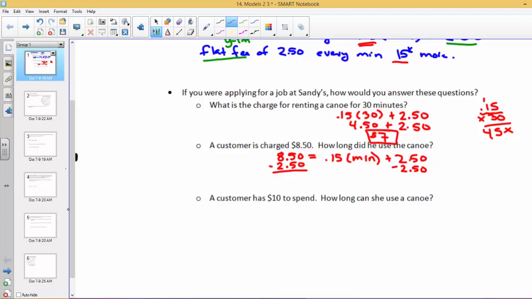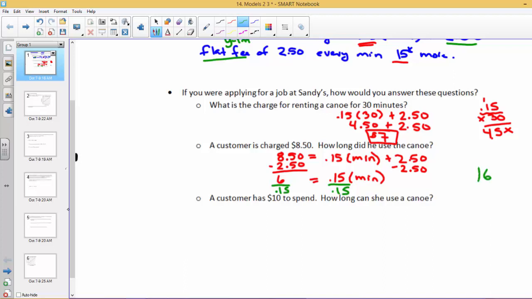That'd be 6. So that would be $6 equals 0.15 times minutes. And then to get the minutes alone, you would divide by 15 cents.